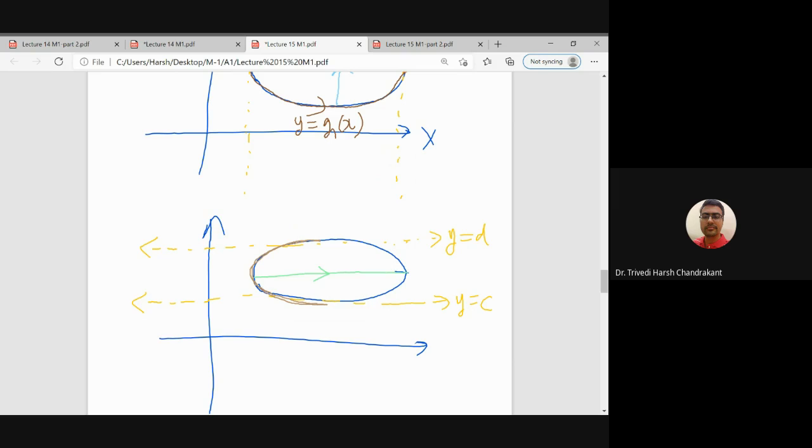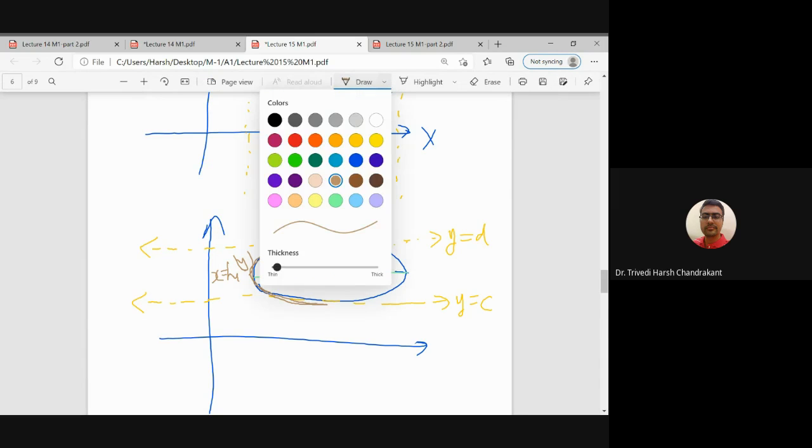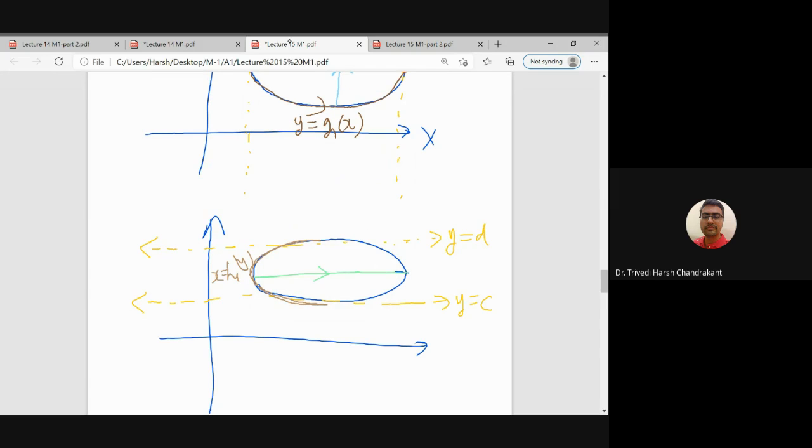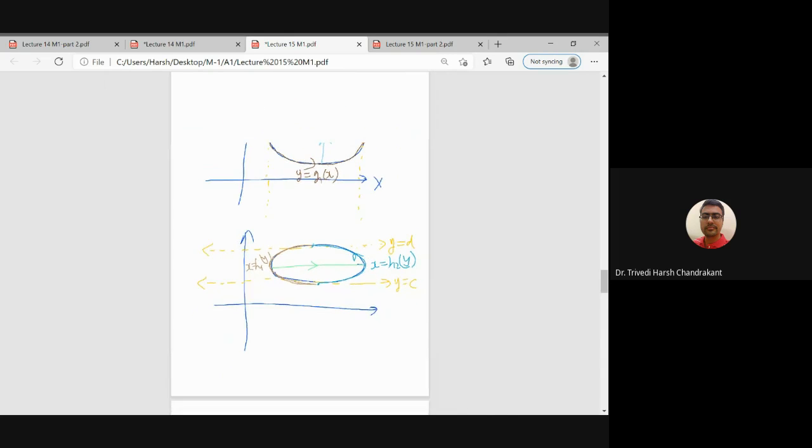Earlier we have written y as a function of x, but now we will write x as a function of y. On the other hand, we get another curve up to this point, and that curve we will write as x = h2(y).